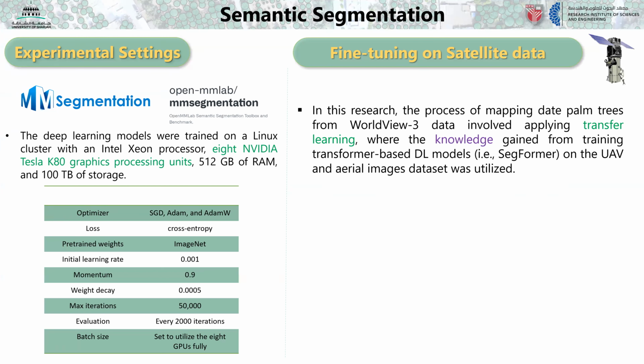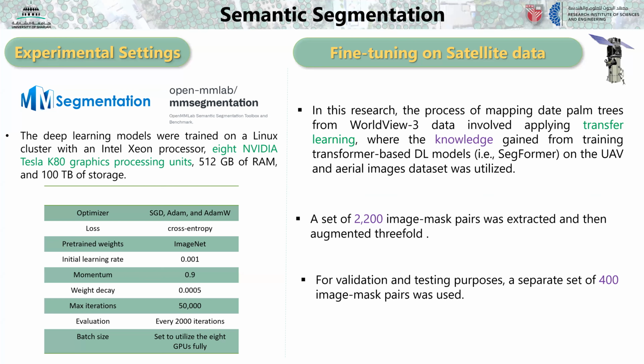So, of course, combining satellite and UAV data could lead to a more comprehensive and in-depth assessment of dead palm boundaries, as satellite data cover large areas in comparison to UAV data. So we attempted to use what we call transfer learning.